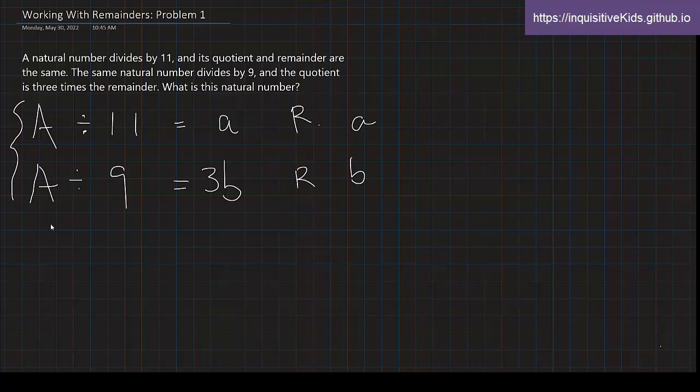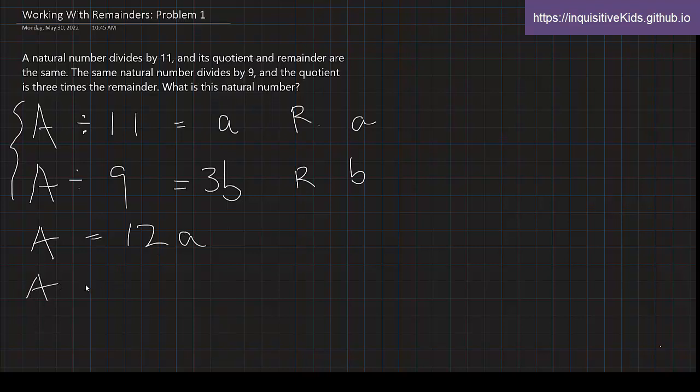Well, we know that A is equal to 12 times a, because it has a group of something plus another group of a. So 11 times a plus one more a is 12a.